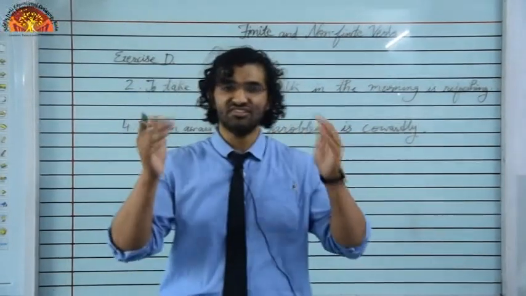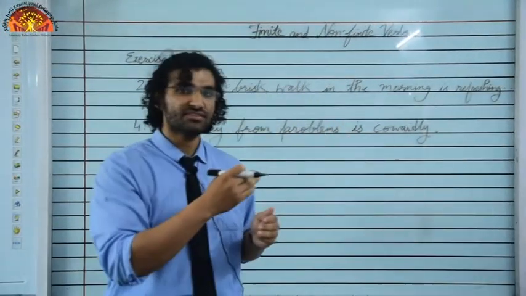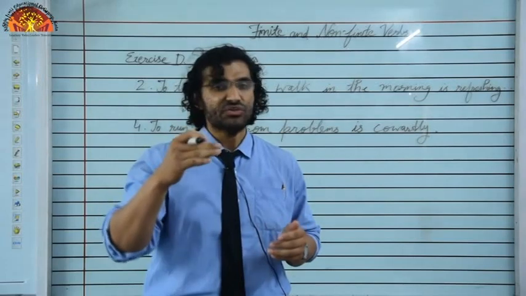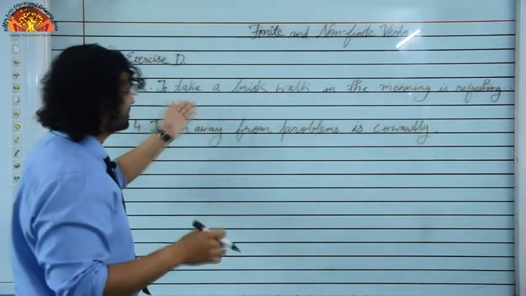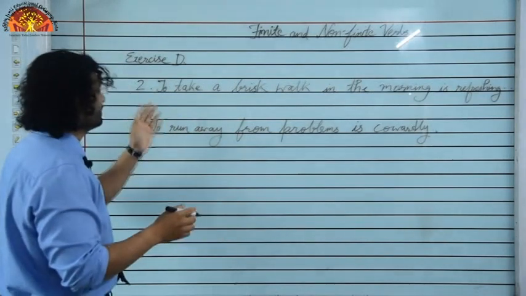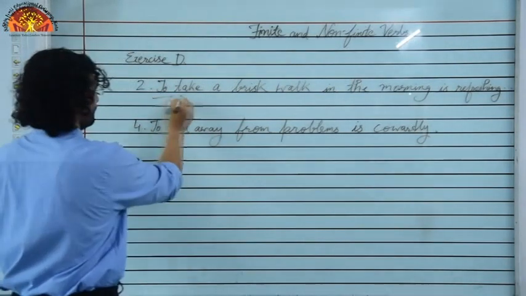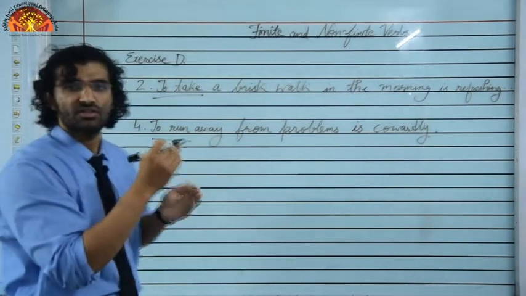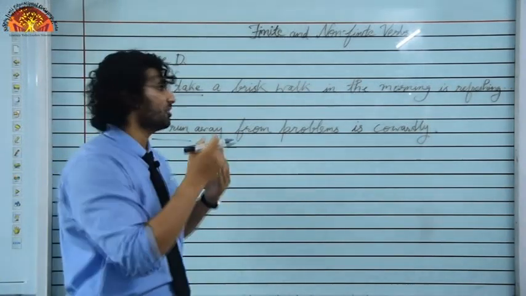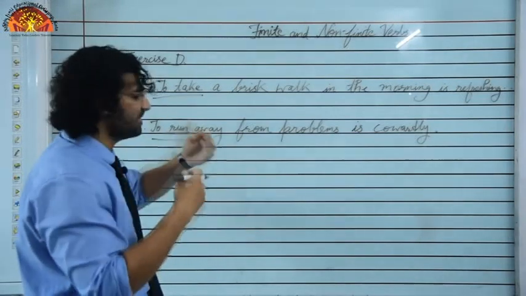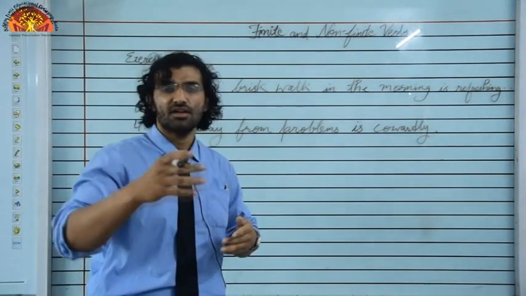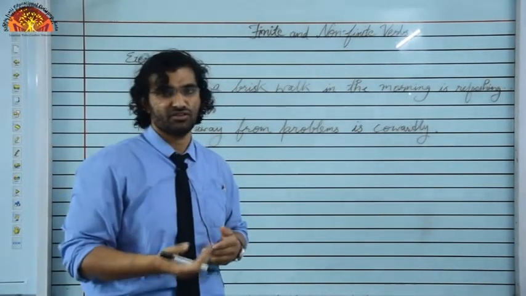Exercise D. Rewrite these sentences using it as an introductory subject. We have our infinitives here, to take and to run away. These are non-finite forms of verbs, and we need to replace them with it and make it an introductory subject.